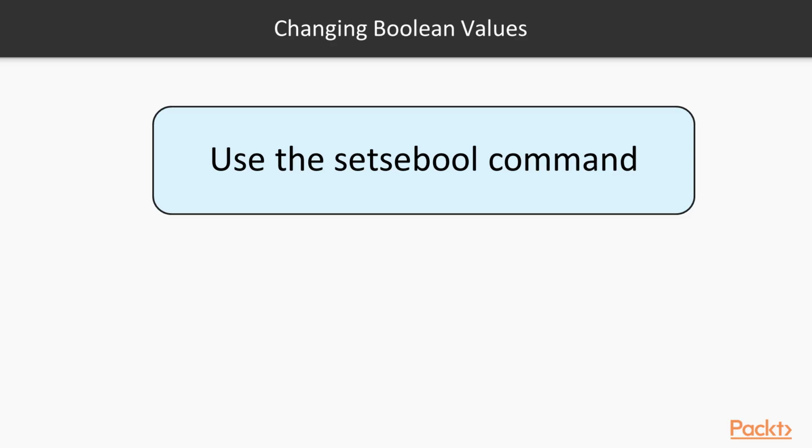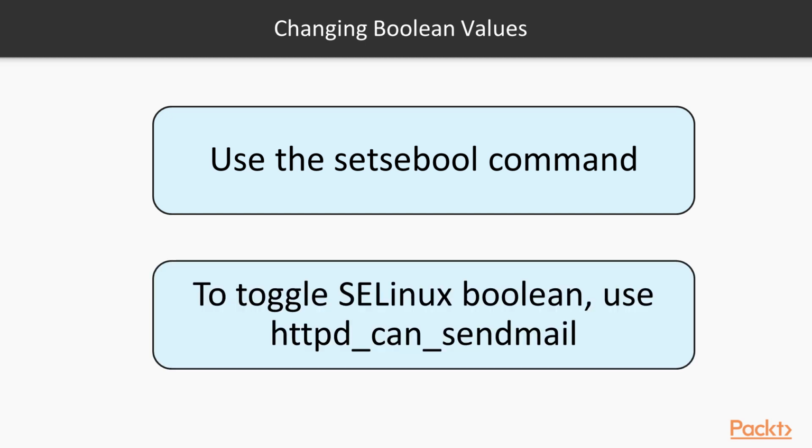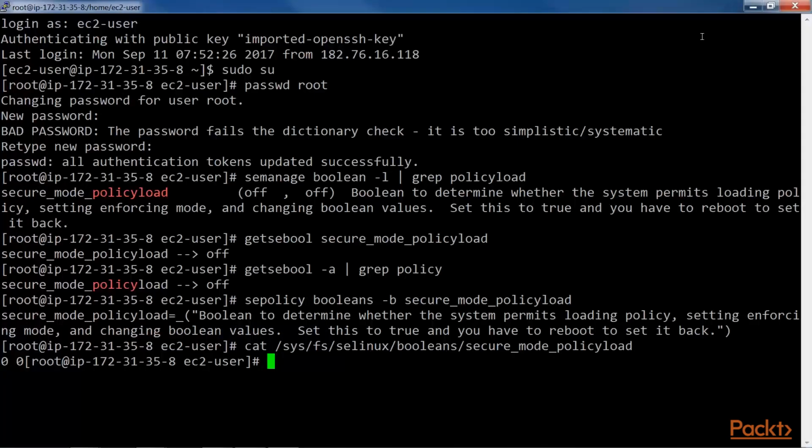Now, we can change the value of a Boolean using the setsebool command. For instance, to toggle the SELinux Boolean httpd_can_sendmail, which enables or disables the policy rules that allow web servers to send emails. Let's execute and check this command.